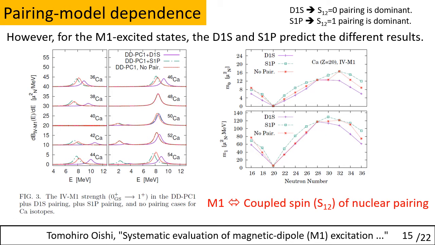One can clearly see that these two pairing models predict different results, namely the M1 excitation is really sensitive to the coupled spin of nuclear pairing. From the right panel, one can see that if the spin triplet pairing is dominant, the M1 summations can be enhanced.